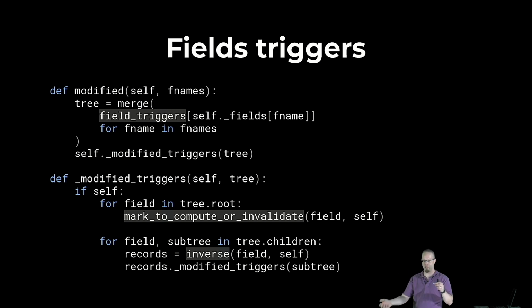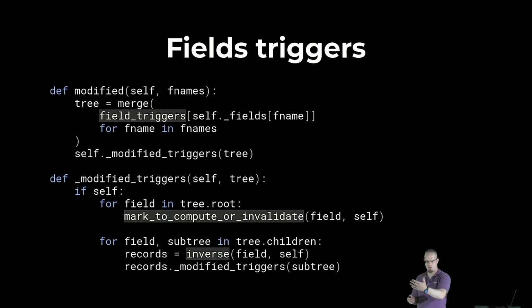That is, you're getting a certain number of trees, and you merge all those trees. And then you call the method modified triggers with that tree. And this method will actually traverse the tree until the record set you're working on is empty or there's nothing left in the tree.